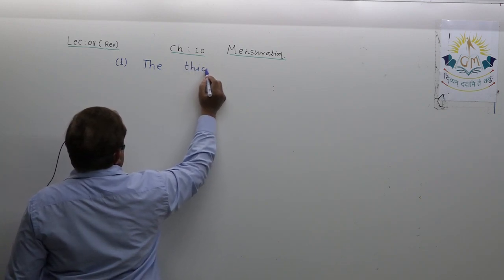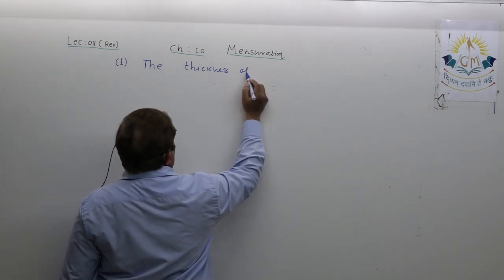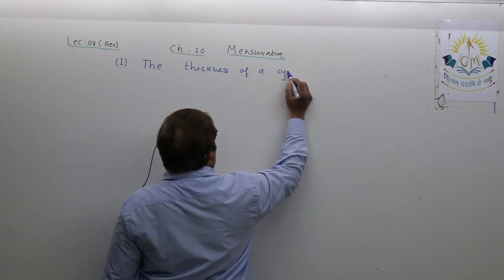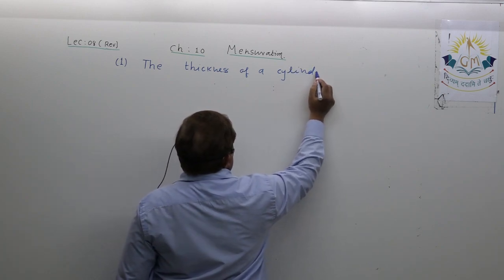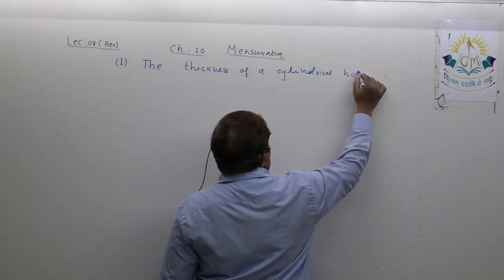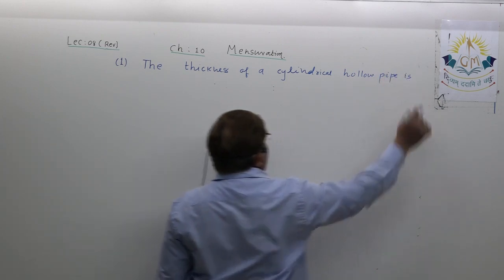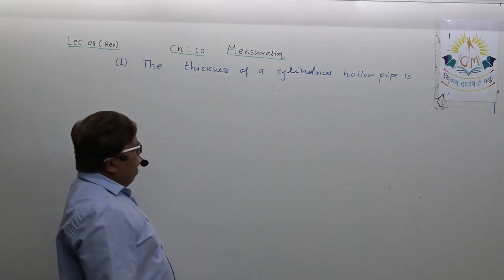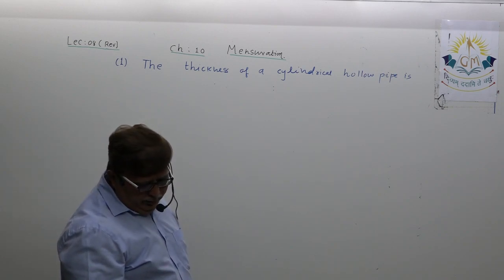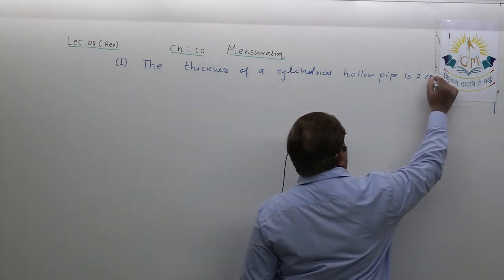The thickness of a cylindrical hollow pipe is 2 centimeter.